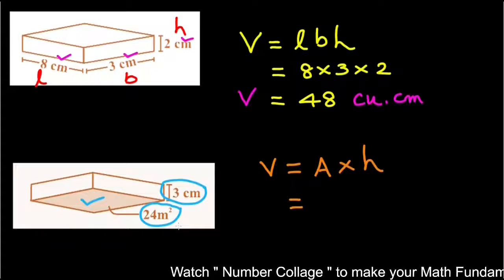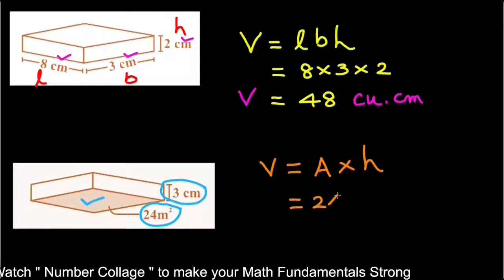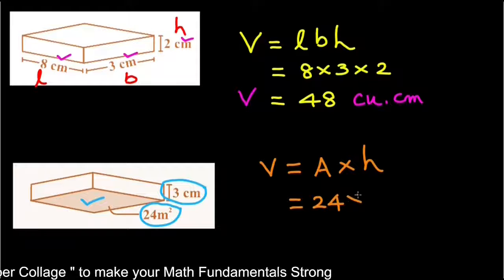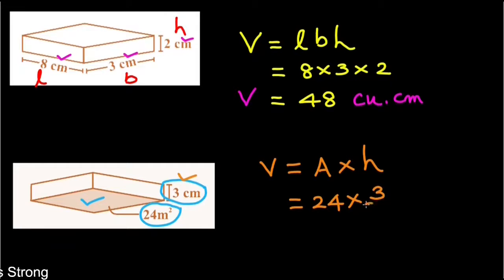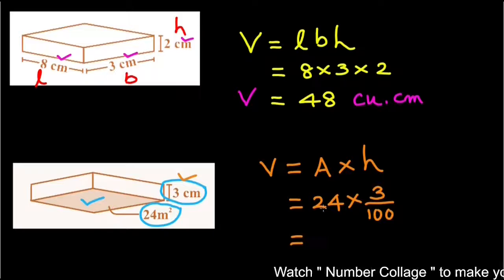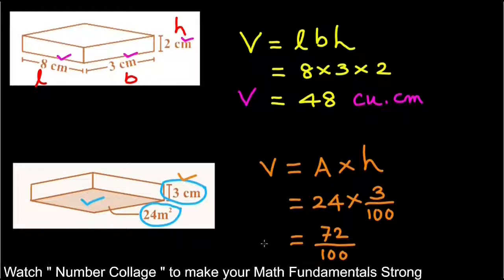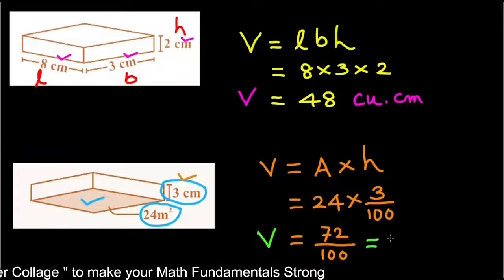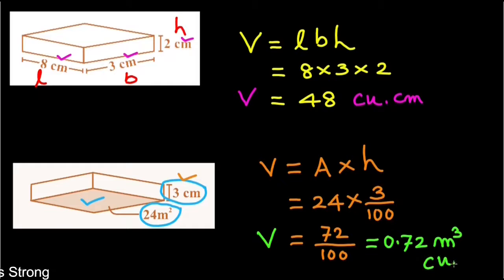Now the area is given in meter square, so we write area A as 24 multiplied by the height h, which is in centimeter, so we have to convert it in meter, so we will divide this 3 by 100. So that gives us 24 threes are 72 upon 100. So the volume of this cuboid will be 0.72 meter cube or cubic meter.